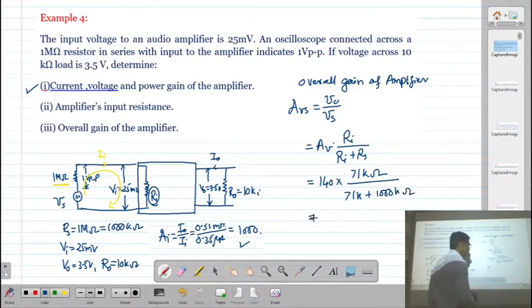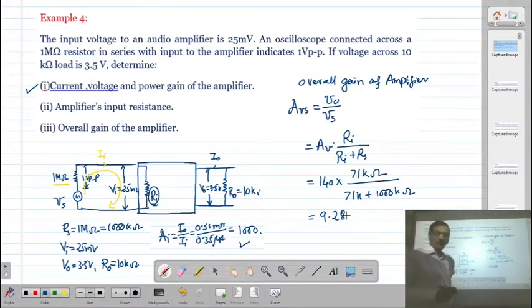If you calculate this with a calculator, your answer will come out to be 9.28. I think with this example, your idea about the input and the output resistance of the amplifier is going to be clear. Correct? Now let us see the next example.